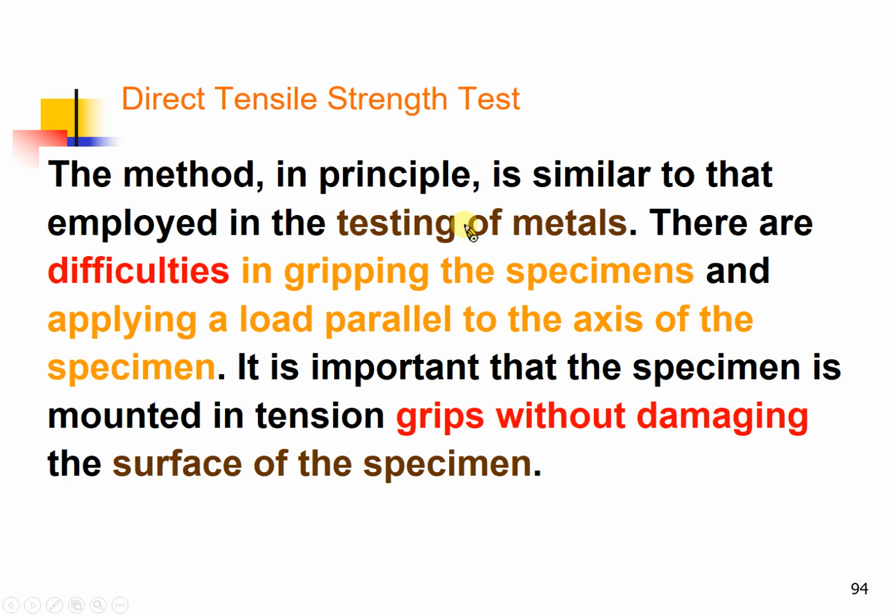The first one will be the one I already mentioned to you, that will be the Brazilian test, and the other will be the bending test. So you can imagine if we bend a material, then you will have a compression stress here, and you will have a tension stress here. Okay? So we will try to use this idea to measure the tensile strength of rock, to make the rock bend.